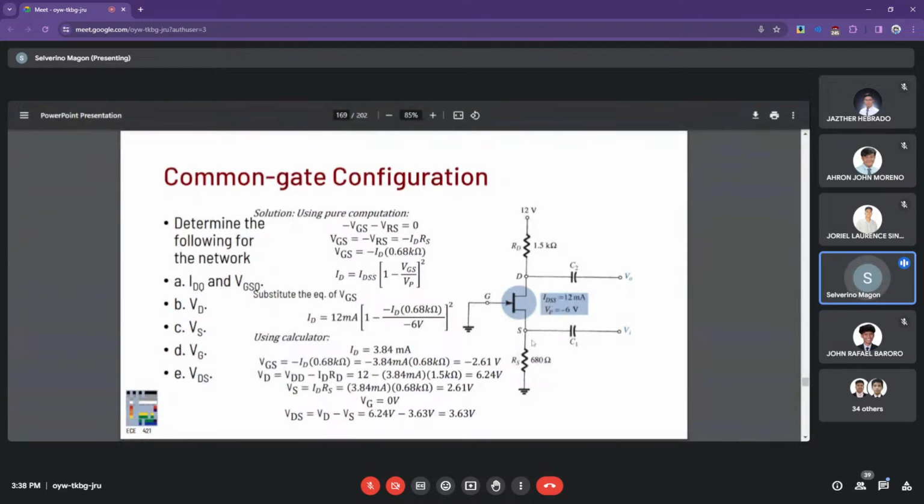VS is also obtained from ID, and in this case we have VS at 2.6. VG is directly connected to ground, so VG is 0. VDS, the DC component of your output, will be VD minus VS. Since we have those already, VDS is at 3.63 volts.